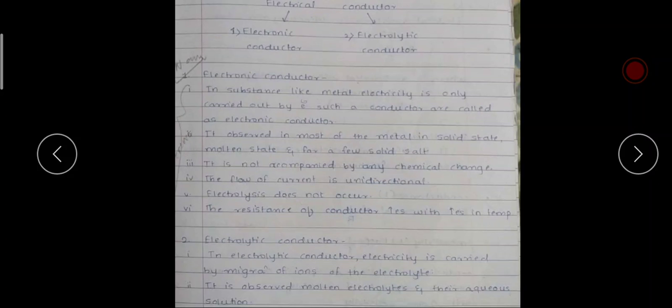And the last point of difference is that the resistance of the conductor increases with increase in temperature, whereas in the electrolytic conductor resistance decreases with increase in temperature. These are the difference points between the electrolytic conductor and the electronic conductor.